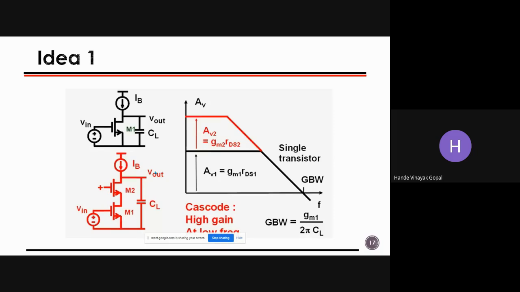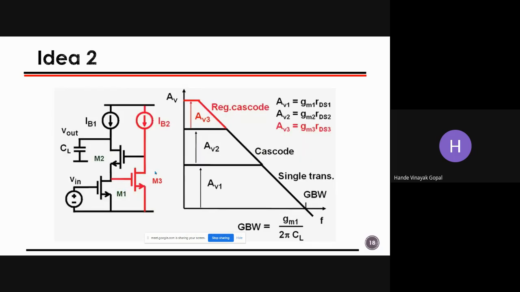We can see that the 3 dB bandwidth has been reduced in the red one as compared to the black one, right? And gain bandwidth is again gm1 into CL. In both circuits your unity gain bandwidth is exactly the same, right? So this is one of the ideas where you can increase your open loop gain.